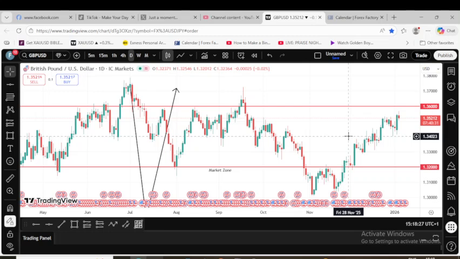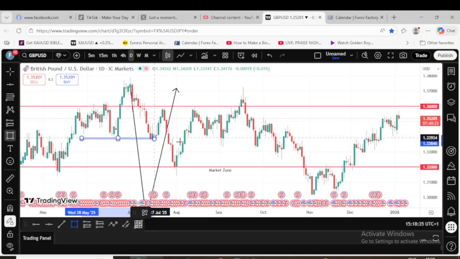So when drawing psychological levels, after marking out, let's say we have a zone here, it's clearly a zone here.